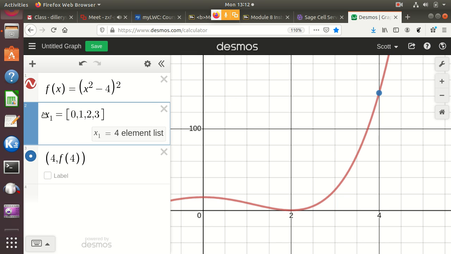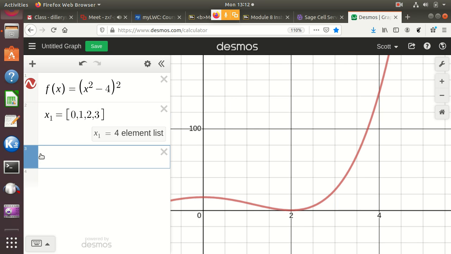You see it says I have a 4-element list. Now I could make an x2 that is 1, 2, 3, 4. Okay, that makes sense, right?